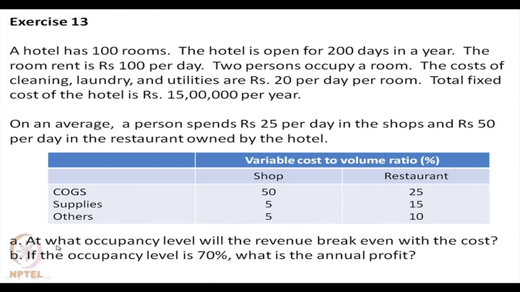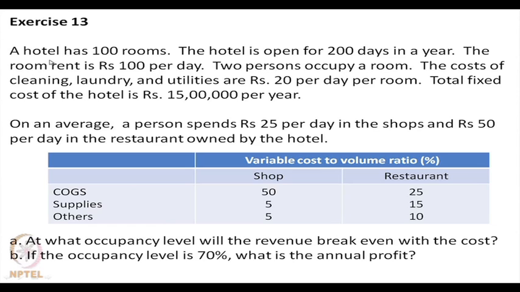The question is, at what occupancy level will the revenue break even with the cost? The second part of the question, if the occupancy level is 70%, what is the annual profit?